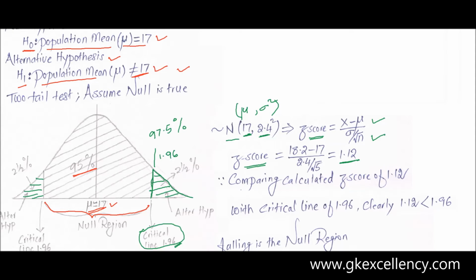Now you compare the calculated Z score of 1.12 with the critical value of 1.96.